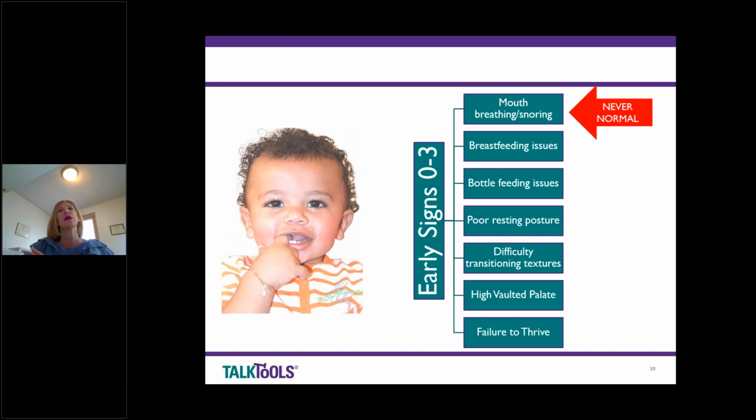Another time when kids show up in my office that are having a really hard time is when they can't transition to solids. For example, I see a patient that is still on just like 1 or 2 purees over a year of age.